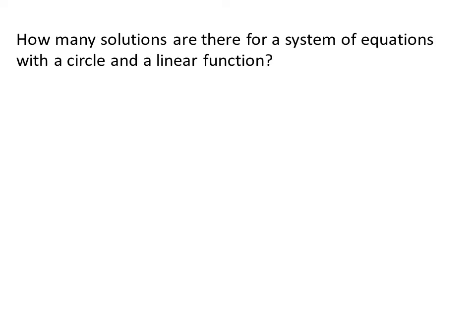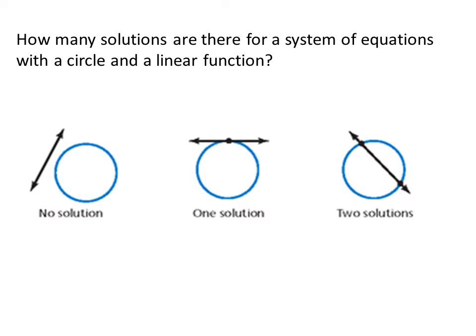How many solutions are there for a system of equations with a circle and a linear function? All right, well, here I have a circle and a line. They never cross, so this would be no solution. Once again, here I have a circle and a line that is tangent to the circle, so I'd have one solution. And here I have a line and a circle, and it goes through the circle, so I would have two solutions.